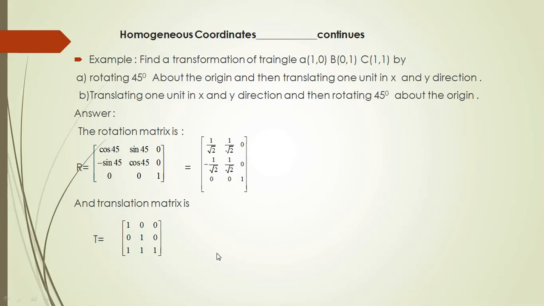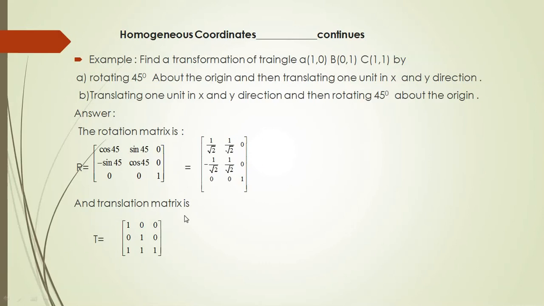The value of cos 45 is equal to 1 by root 2. The value of sin 45 is equal to 1 by root 2. The value of minus sin 45 is equal to minus 1 by root 2, and cos 45 is equal to 1 by root 2. So R is equal to 1 by root 2, 1 by root 2, 0, minus 1 by root 2, 1 by root 2, 0, and then 0 0 1.